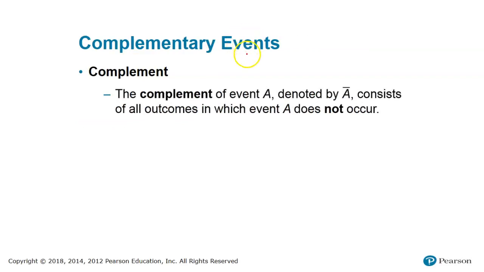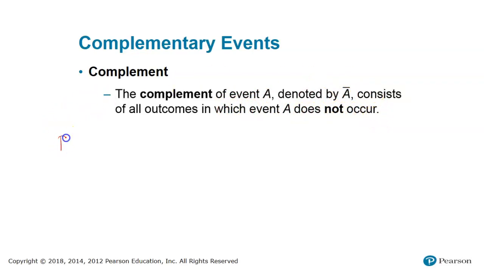Okay, complementary events. This is a term that you'll hear us use throughout this chapter, especially. A complement of event A, we use this little bar over the top to represent that, and it consists of all outcomes in which event A does not occur.